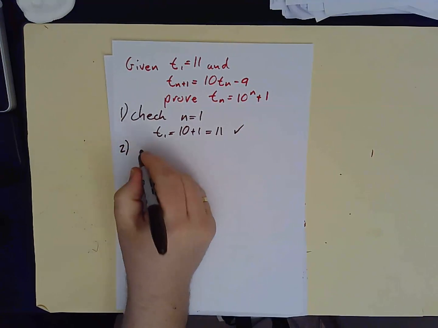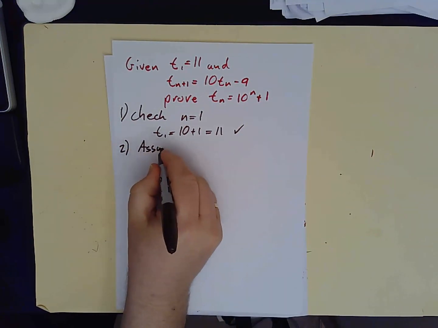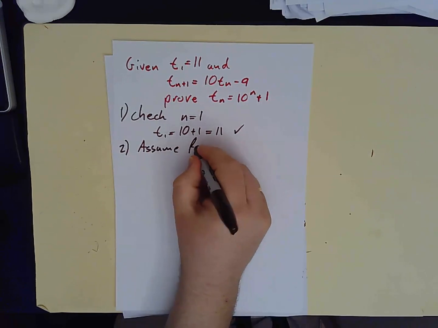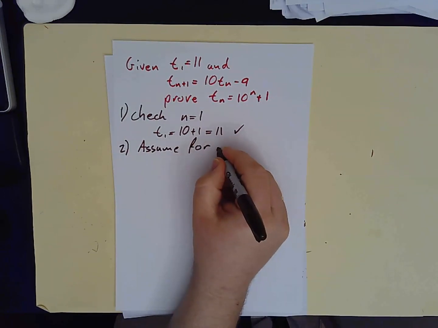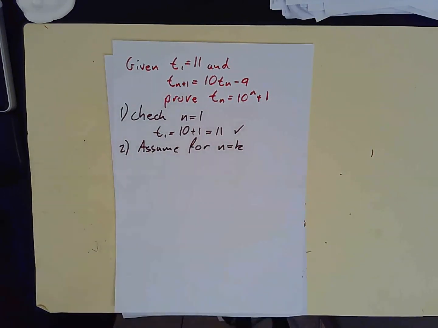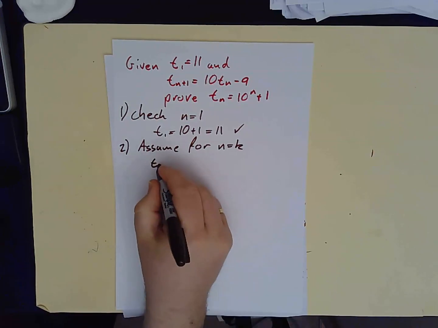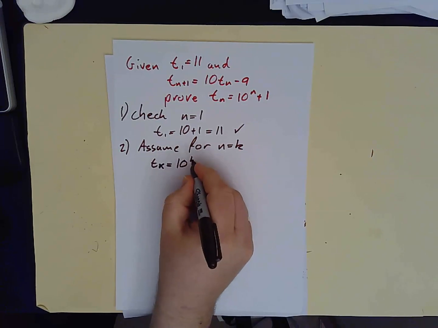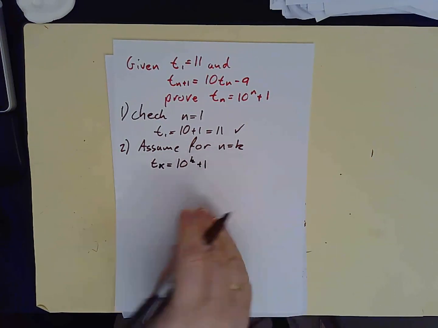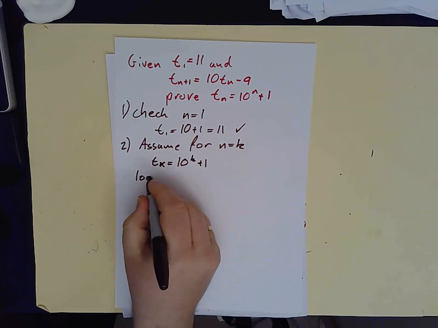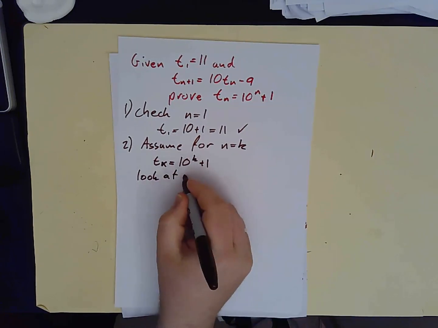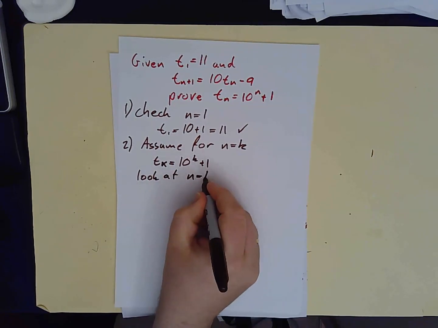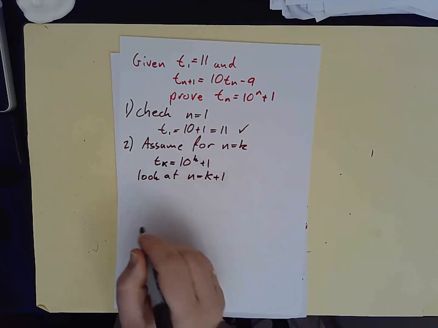So step 2 is assume for n equals k. So we've got tk equals 10 to the k plus 1. Now we want to look at n equals k plus 1.